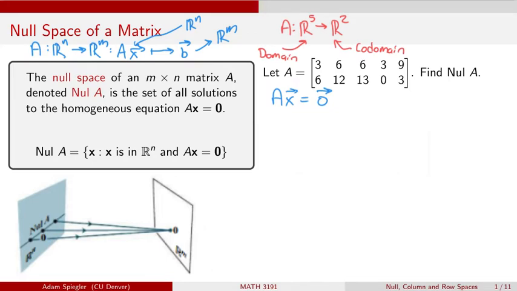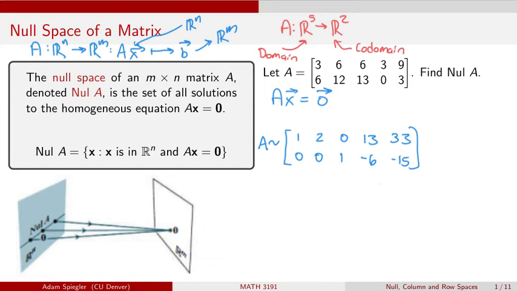By applying row operations, or by using Python, and I'll put a link to a Google Colab notebook below in the description of this video that calculates the reduced row echelon form of this matrix, you can verify that matrix A is row equivalent to this reduced row echelon form, where the top row is 1, 2, 0, 13, 33, and the second row is 0, 0, 1, minus 6, minus 15.